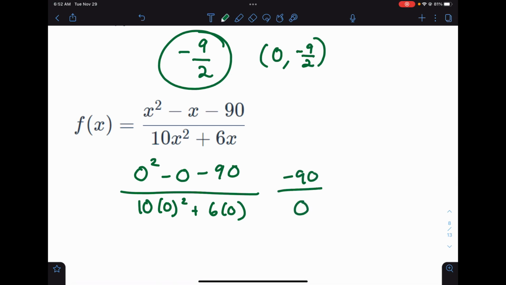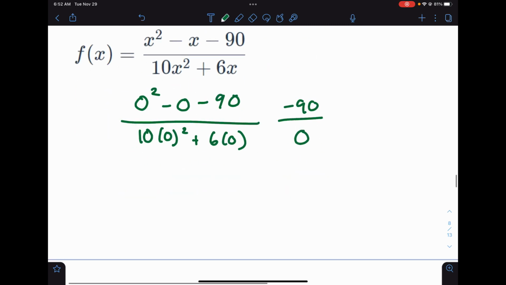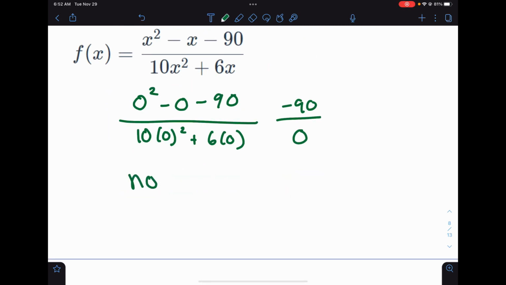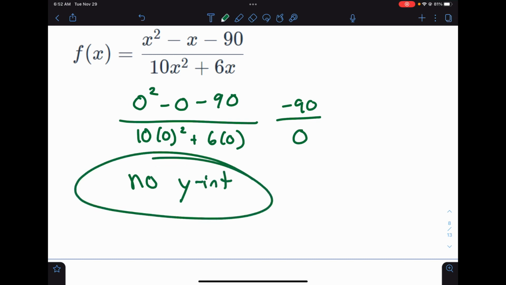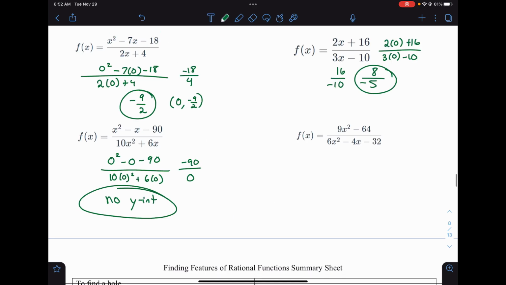And if you had worked through this problem previously, you actually would have found that there's a vertical asymptote at x equals 0. So this one has no y-intercept. Because obviously if you plug that in, you're going to get undefined. So if you end up with divided by 0, no y-intercept.